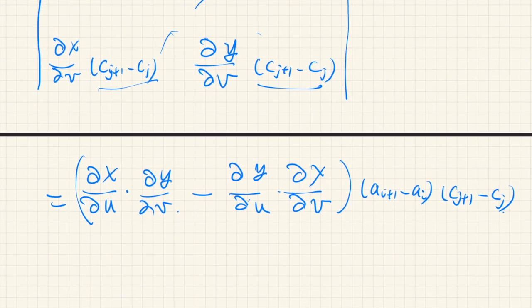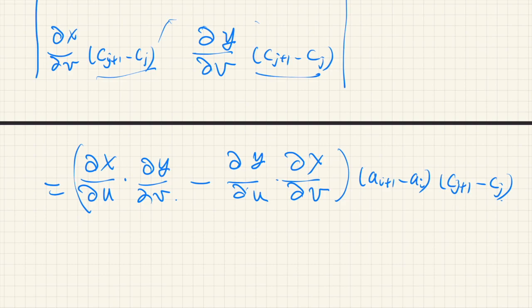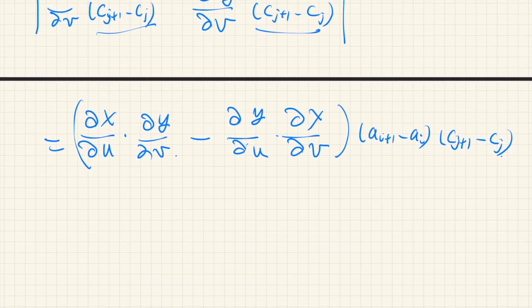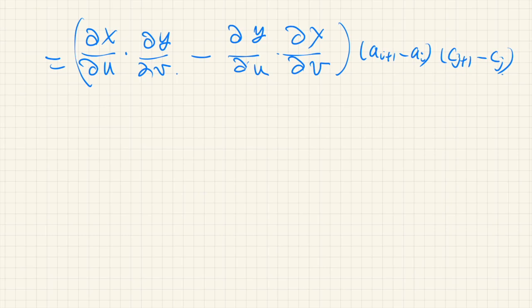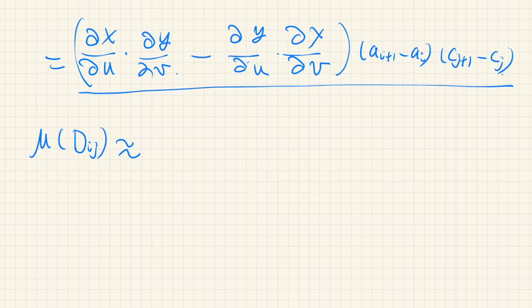Okay, so this is a signed determinant area of the parallelogram. So to make it positive, we take the absolute value.